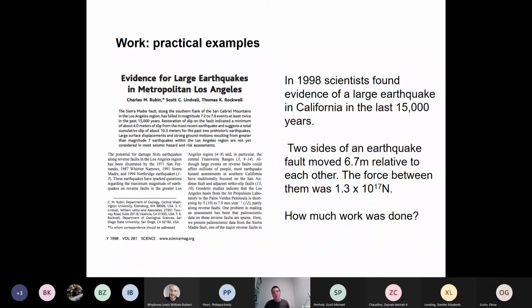You can measure that directly to find out what the stress is in the plates. You can convert that into a force, and you can see how far things moved, and then that will tell you the energy that is dissipated in an earthquake. So that's a very practical example that some people have done in this science paper from 1998, calculating work.